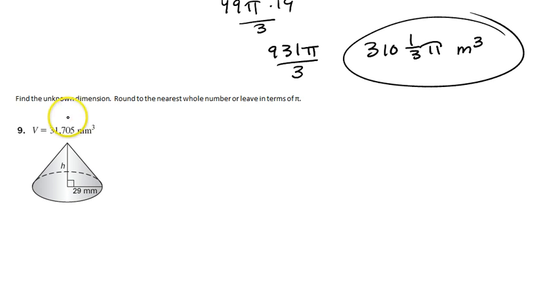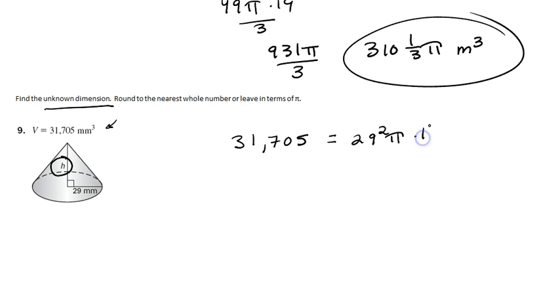Now, sometimes you're looking for an unknown dimension, and for this particular cone, we're looking for height. Now we know the volume. We're going to use the same formula. 31,705 millimeters cubed is our volume, and that should equal our base, which is 29 squared pi, times our height, which we don't know at this point, divided by 3.